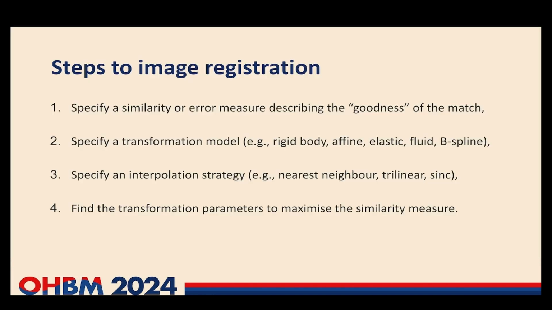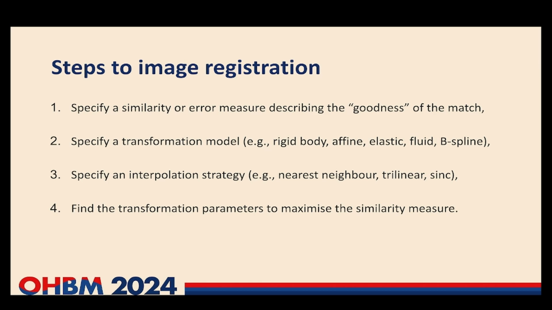So just to break down what image registration is in its simplest sense, what we're trying to figure out is how well our individual matches the template. The second thing we want to specify is how we are allowed to warp or distort this brain so that it matches the template.